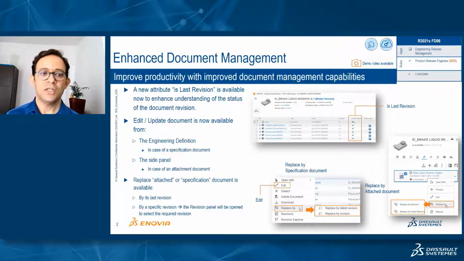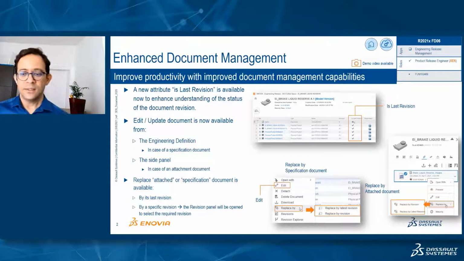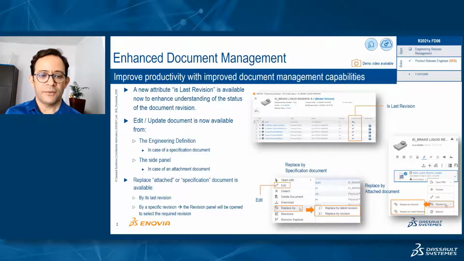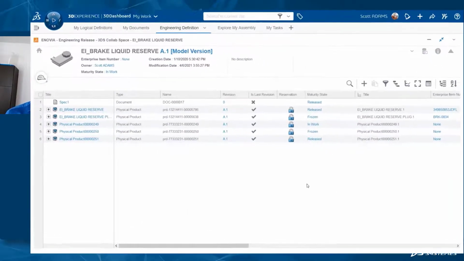So it's not a specification, but it's also possible to update this document directly from within this panel. So from these documents, we can also replace again by latest revision, or we can replace by a very specific revision, or we can simply do that from any of these panels. So let's take a look. Let's see how it works.